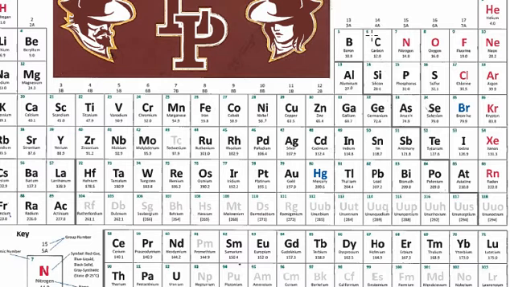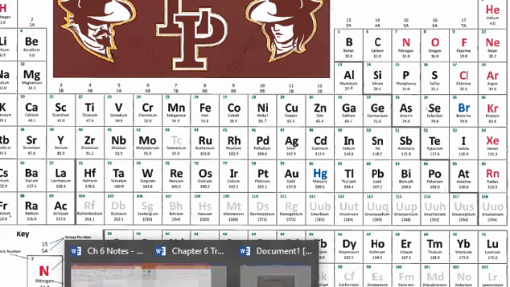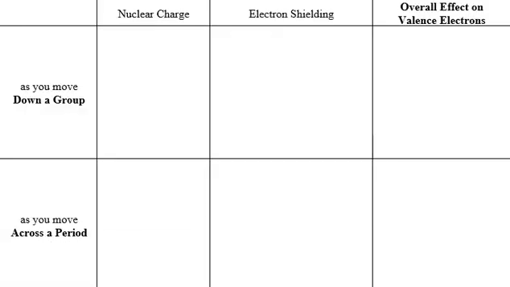And this might not be legible to you, but if you were looking at your periodic table, as you go down a group, that number is getting significantly larger as you move down that group. So if we are talking about nuclear charge, as you move down a group, what happens?